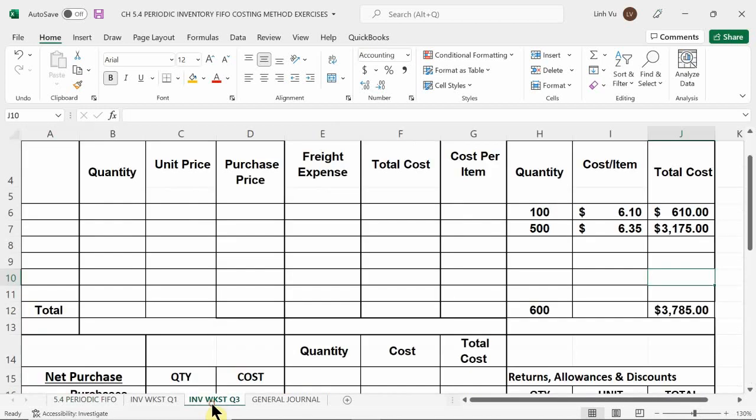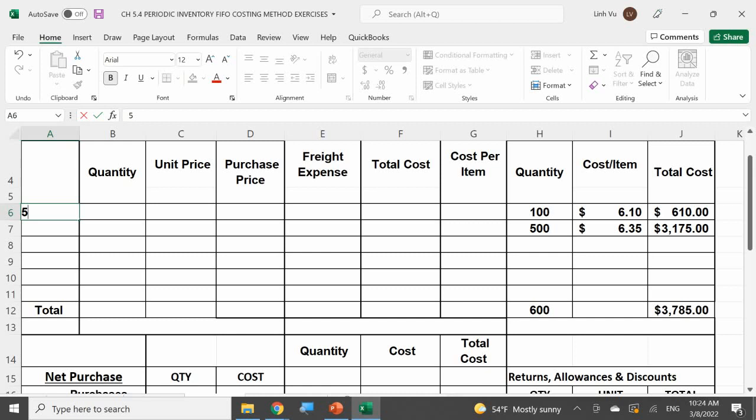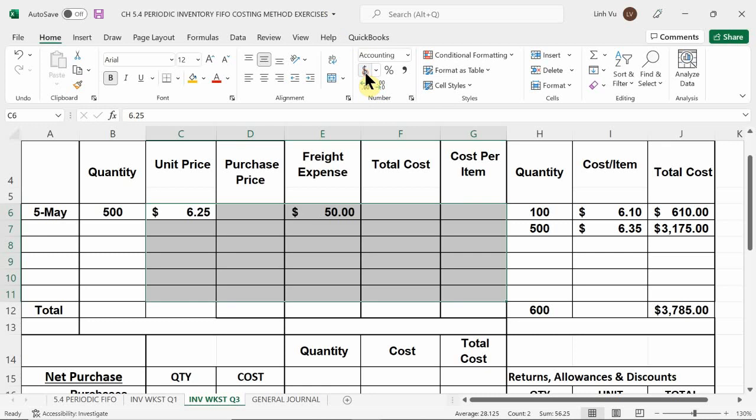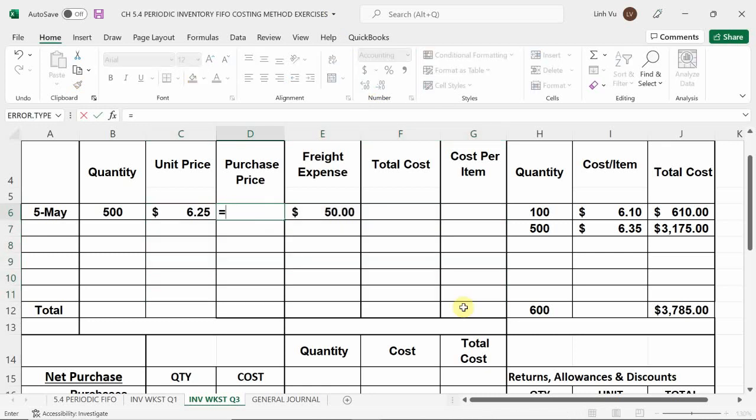Okay, so we're going to go into our new inventory worksheet. It is now May 5th. We purchased another 500 units at $6.25 each with a freight of $50. So what is my purchase price? $3,125.